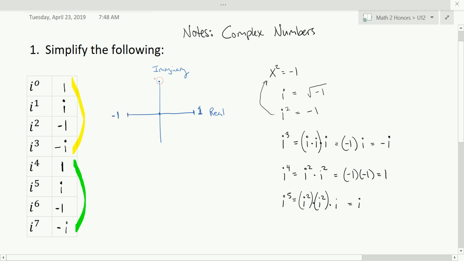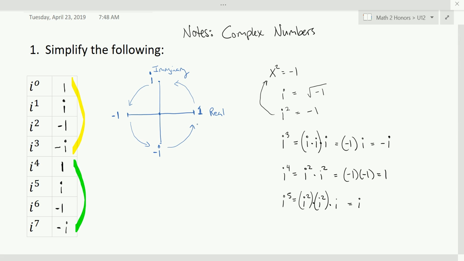At the imaginary, I'm at i, positive i, and down here I'm at negative i, right? If you remember kind of how we went around the circle with trig, right? So you got 1 goes to i goes to -1, -1 goes to negative i, and negative i goes back to 1, and it goes around the circle. And that's what's happening here, right? So this would be i to the 0, i to the first, second, third, i to the fourth, fifth, sixth, seventh, i to the 8th, i to the 9th, 10th, and so on.